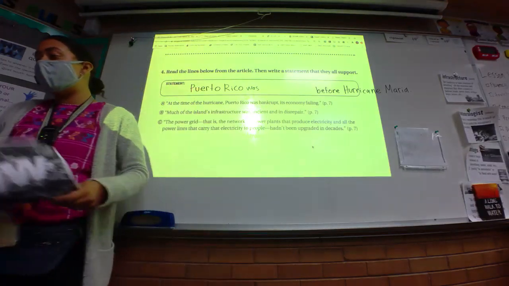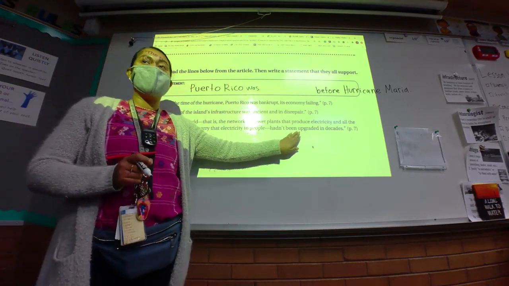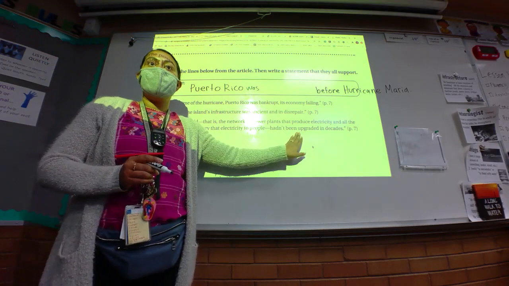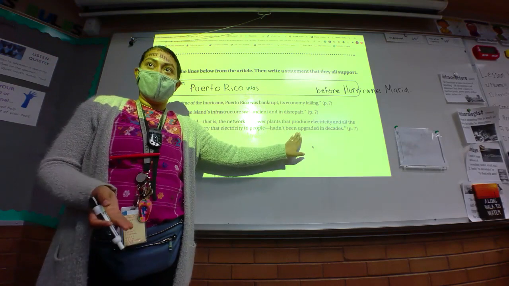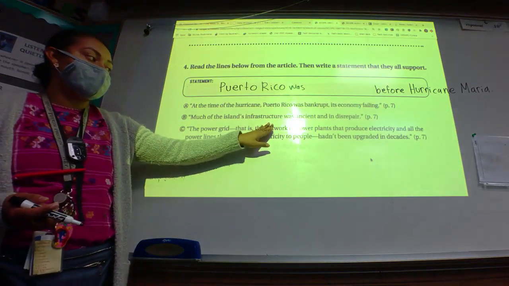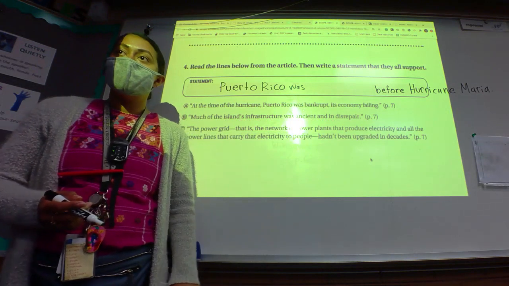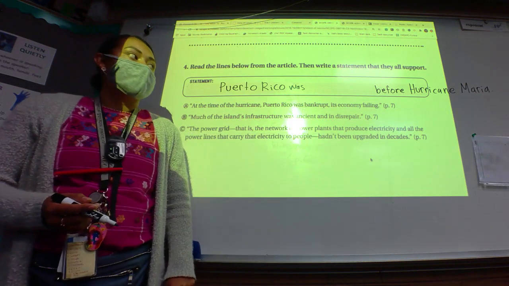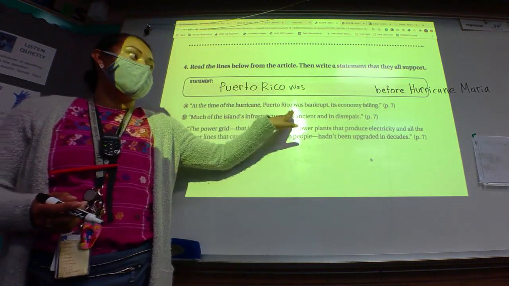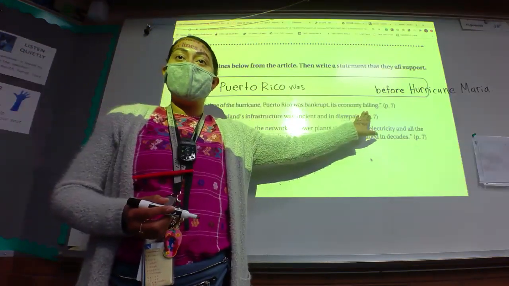So from what this sounds like, it hadn't been upgraded, it sounds like it needed to be upgraded. Here, it sounds like the buildings needed to be rebuilt. And here, it sounds like the economy was struggling. The economy was failing.